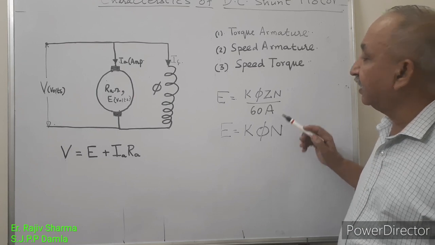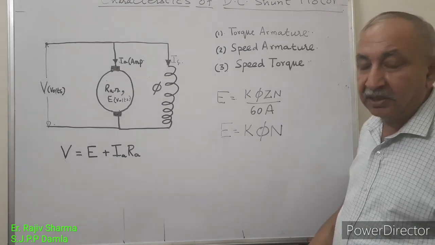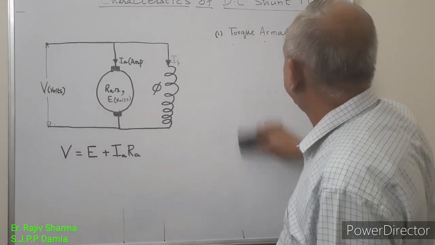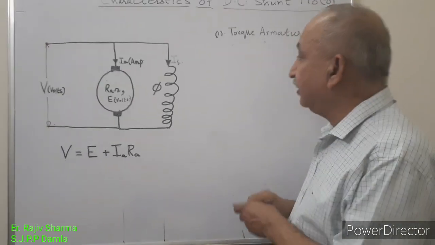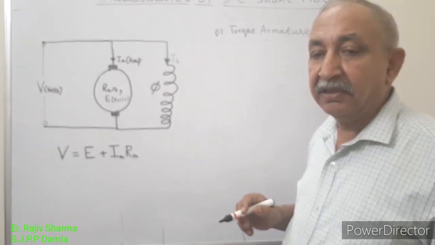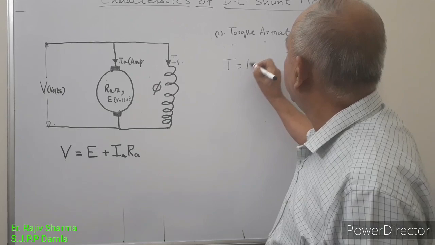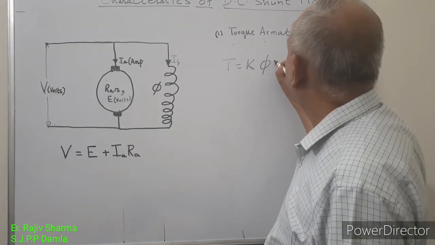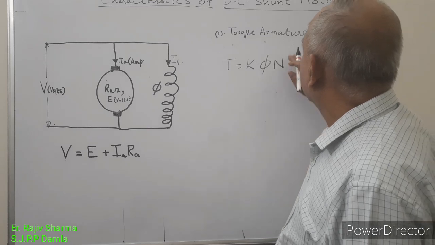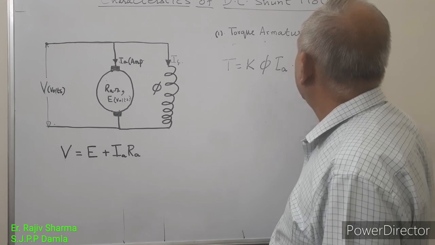Now let us discuss the first characteristic, that is the torque armature characteristic. We know that torque is a product of armature current and flux, so torque is equal to K phi IA.